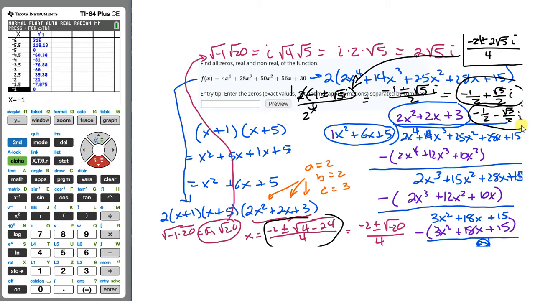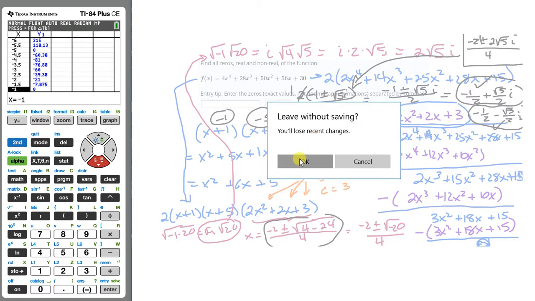So those are the additional 2 zeros of the function. Okay, they want the zeros here, not the factors. So my zeros would be, let's remember what the zeros are. The zeros would be -1 from here, -5 from here, and then these 2 complex number zeros. Pretty ugly, right? Let's clear a little bit. Let's also write out the factorization just for practice.